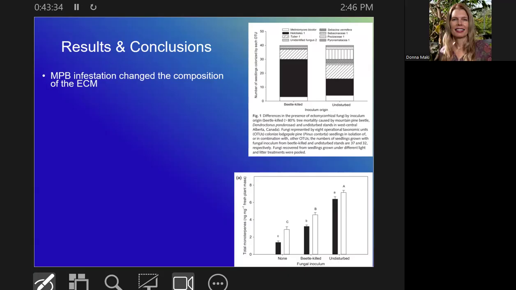In the beetle killed, you can see this huge shift, and that's just one example, with one of the mycorrhizal fungi. And so, taken overall, both those bar graphs are very different from each other. So definitely that's supporting the idea that the infestation by those beetles is changing the mycorrhizal fungi that are there in that plot.